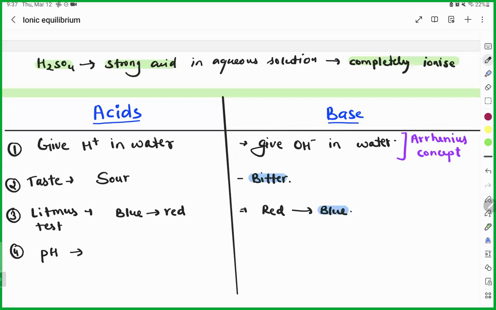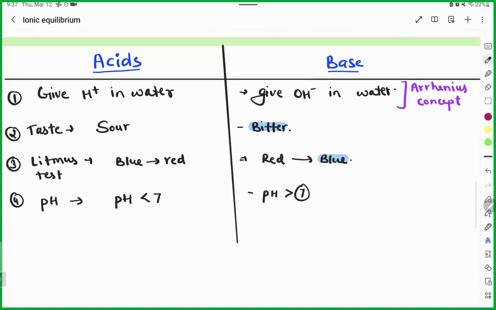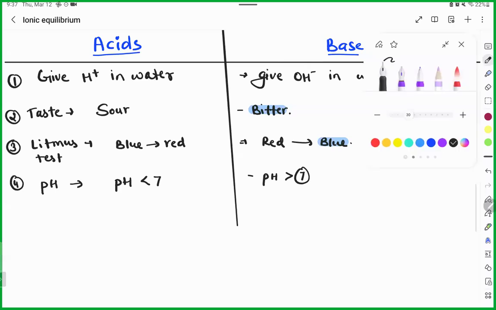It will be below 7. pH will be below 7 in case of acid, and in base, pH will be more than 7. Any doubt? No doubt.